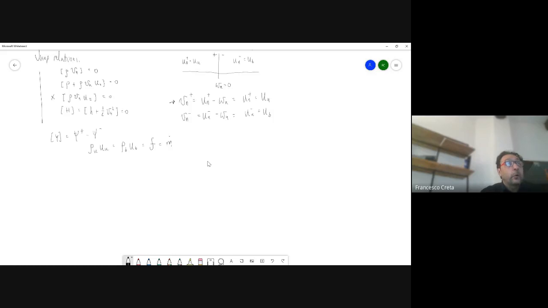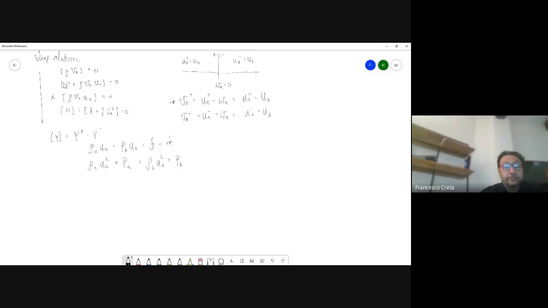Let's look at the normal component of the momentum. That is rho u U squared plus P u is equal to, so this is the conserved quantity, rho b U b squared plus P b. Sorry, Pb, not Pb squared.